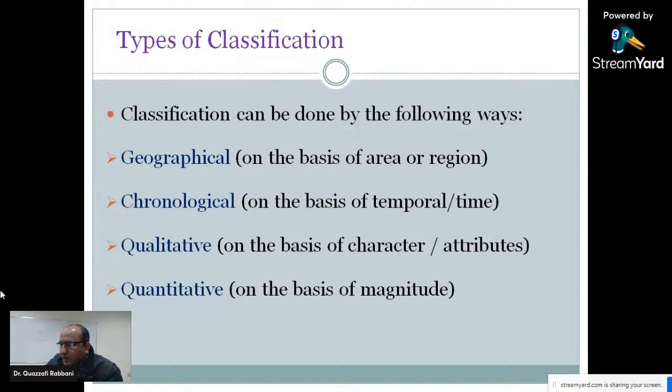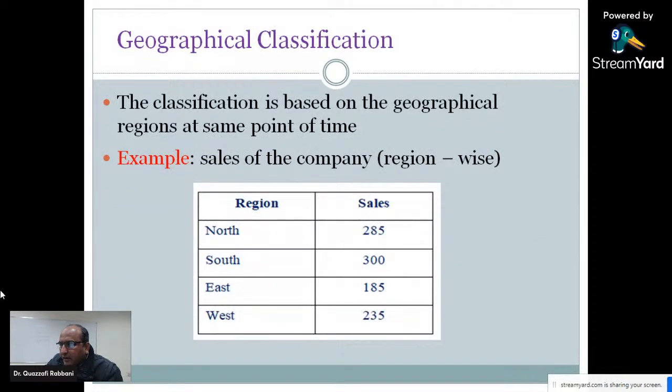If we have already collected the data, it can be classified and organized region-wise. For example, the classification is based on the geographical region at the same point of time. Here the example is sales of the company region-wise. There are four regions: north, south, east, and west. 285 sales have taken place in the north, 300 in the south, 185 in the east, and 235 in the west.